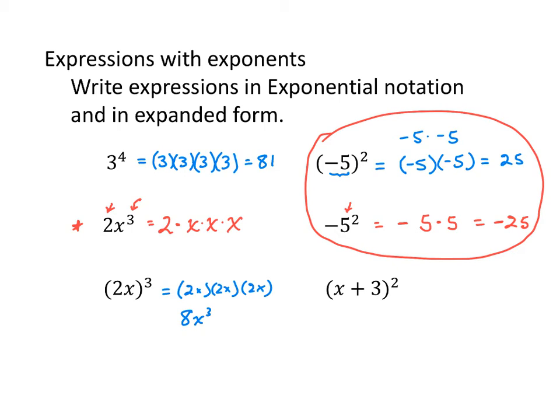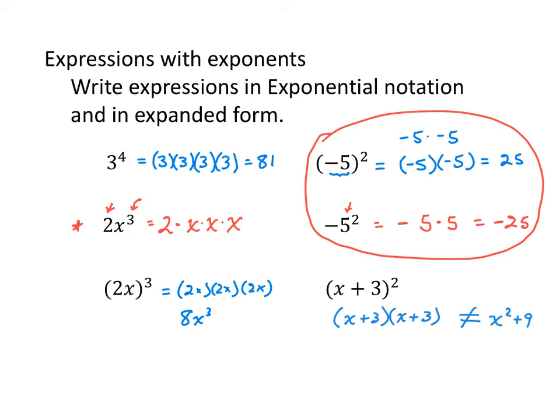And then this last one, the x plus 3 is all in parentheses, all of that, and it is squared. And squaring something means we're multiplying it by itself. So this one is now x plus 3 times x plus 3. And just in case you're wondering about this, because you learned about this in high school algebra, this is not equal to x squared plus 9.